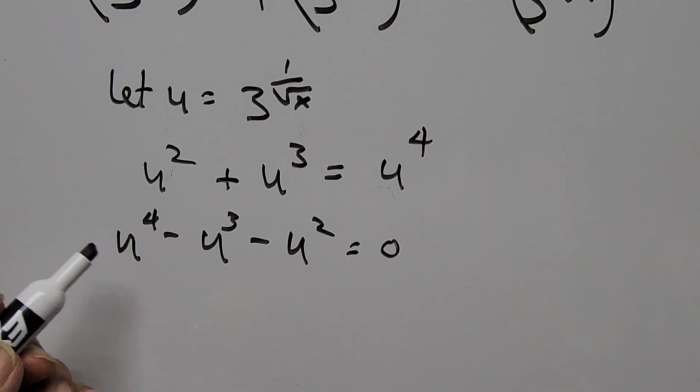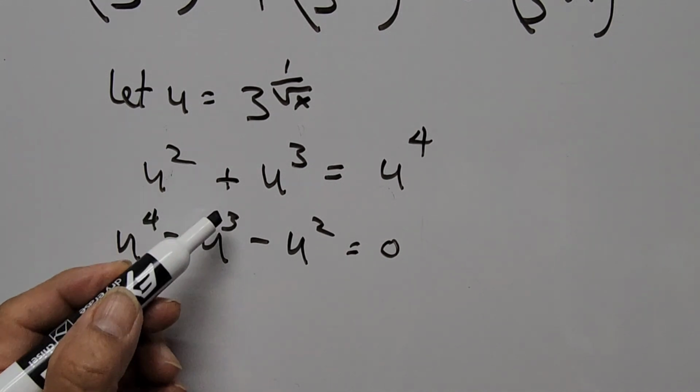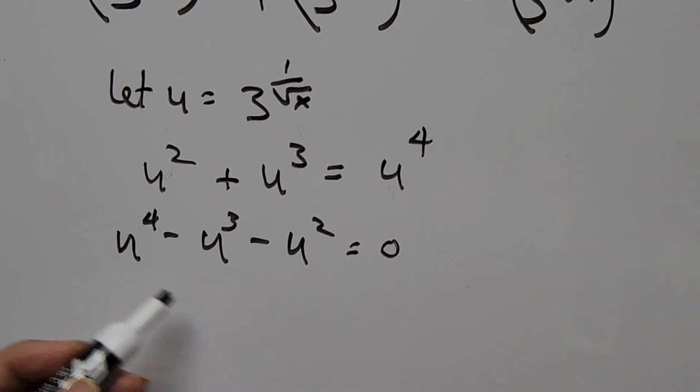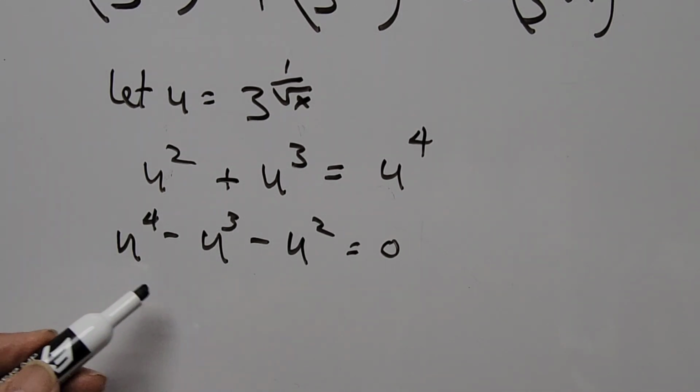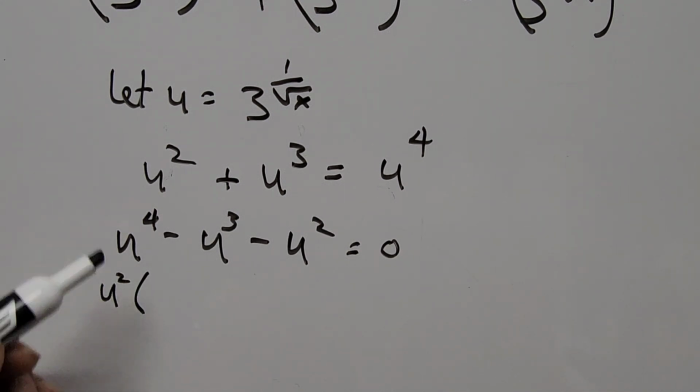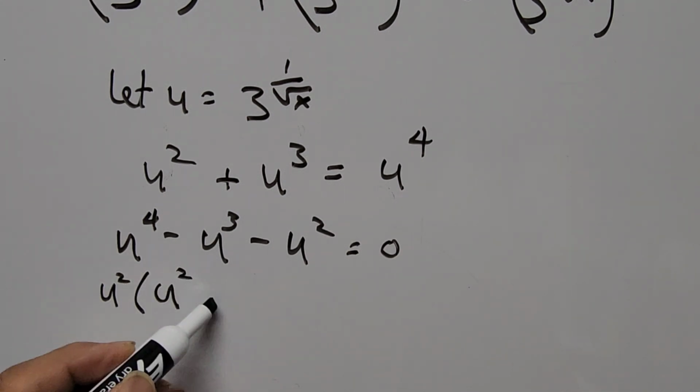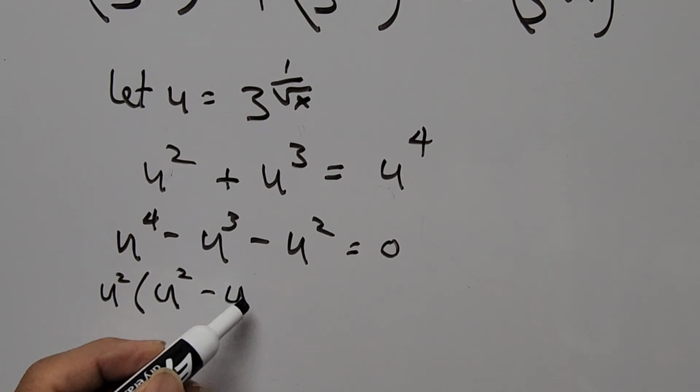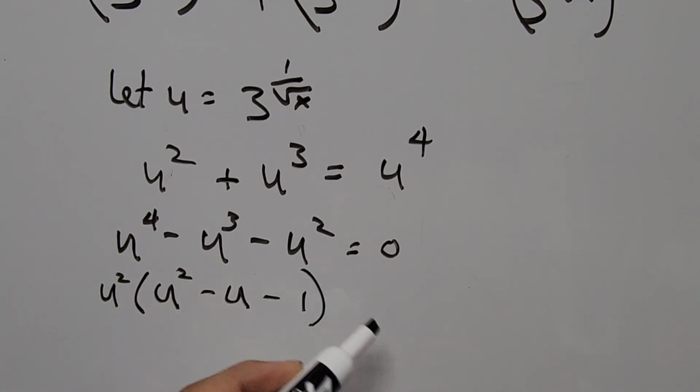So now we can factor out u squared out of our equation, right? If we factor out u squared, left hand side we have u squared, second term, u, third term is 1, all equal to 0.